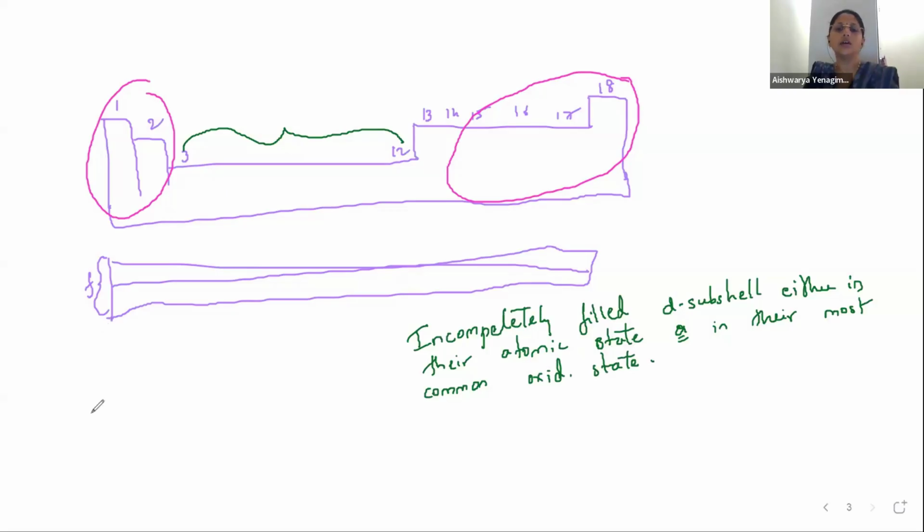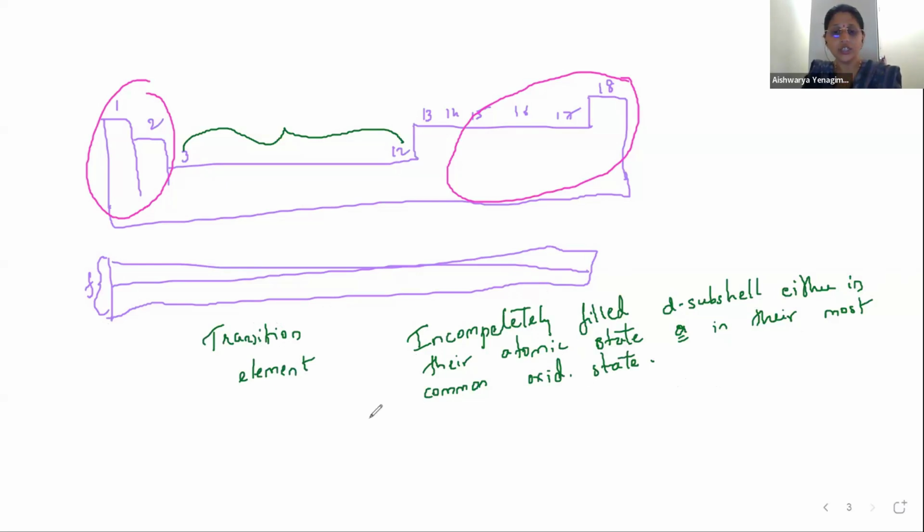So they are called transition elements. Why do we call them transition elements? You can say transition elements or transition metals. So they have incompletely filled D subshell either in the atomic state or most common oxidation state.